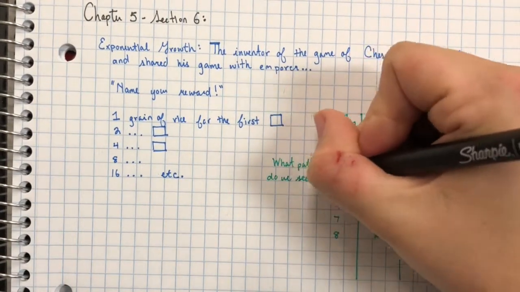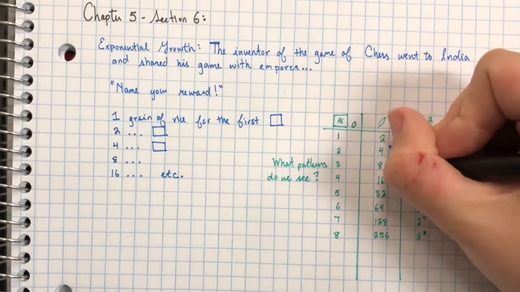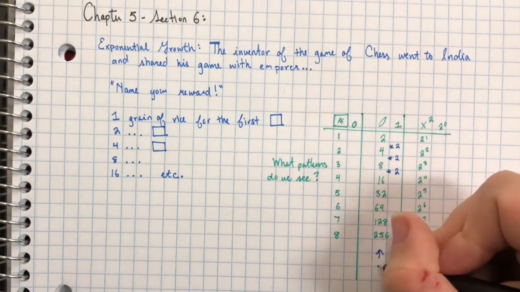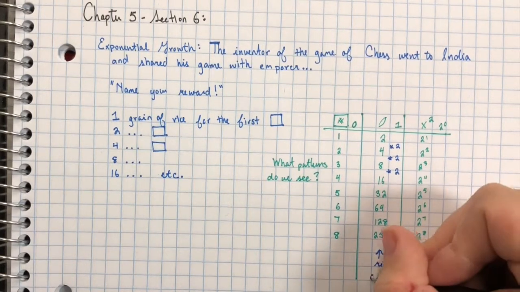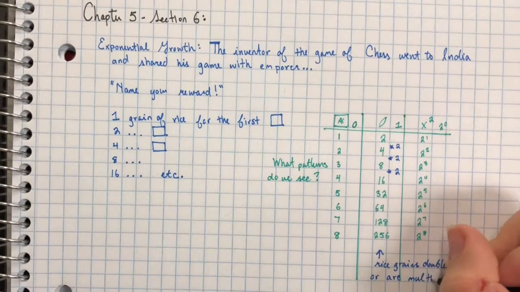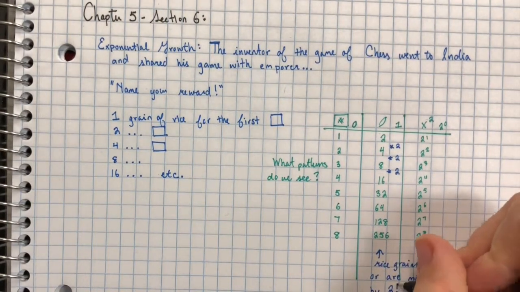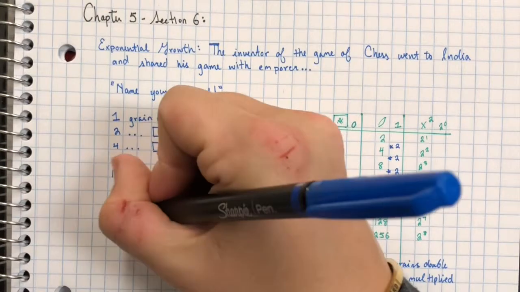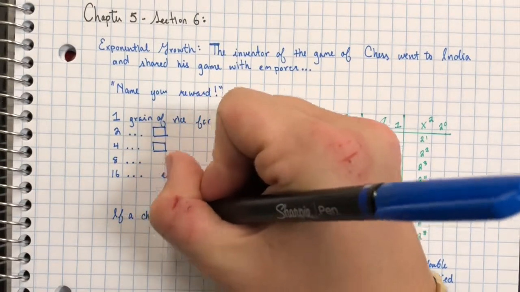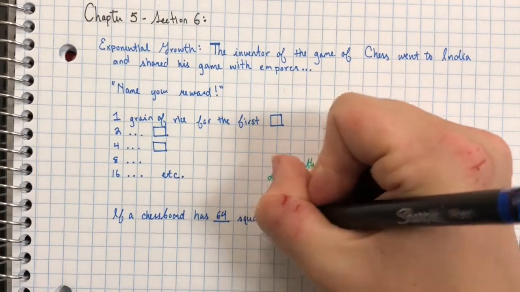And the question we want to think about is, what pattern do we see? So to get from each step, the rice grains double, or they're multiplied by a factor of 2. And that's very similar to thinking about 2 as a base, given a particular power.